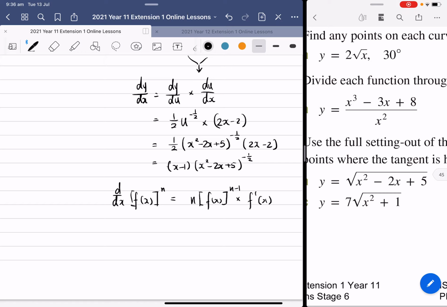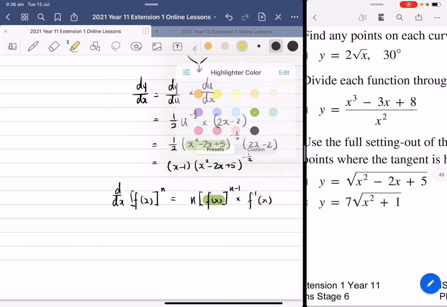If you look at this, I'm just going to highlight that for you so you can see these terms are very similar. Basically, f(x) is the function inside, which is that function there. Then n minus 1 is the number that you have. Previously it's to the power of half, so now it's negative half because half minus 1 is negative half.